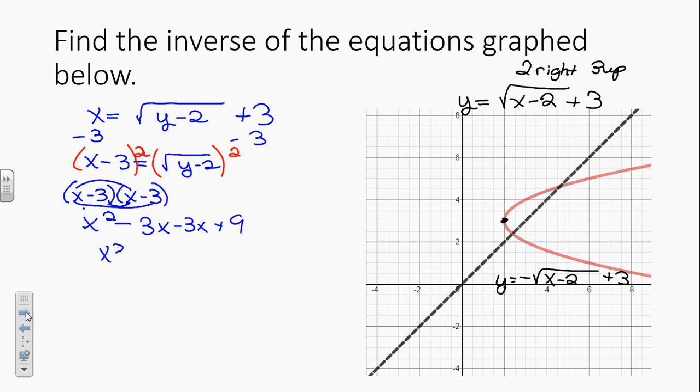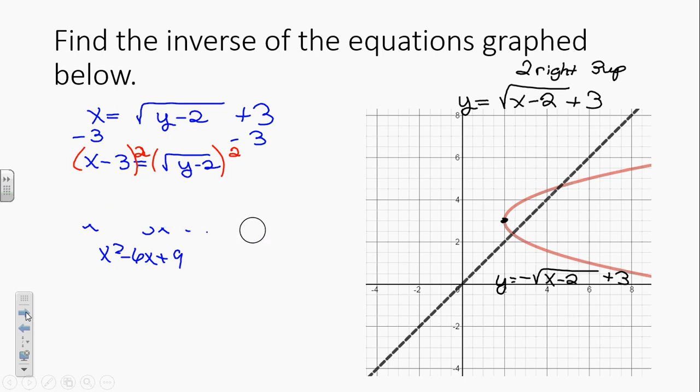So this was x squared minus 6x plus 9, but then we're going to do the taking the 2 to the other side. So it's better, especially when we're graphing. Took you down a rabbit hole. Sorry about that, guys. Let's just leave this as x minus 3 squared equals, when we square this, we just get y minus 2.